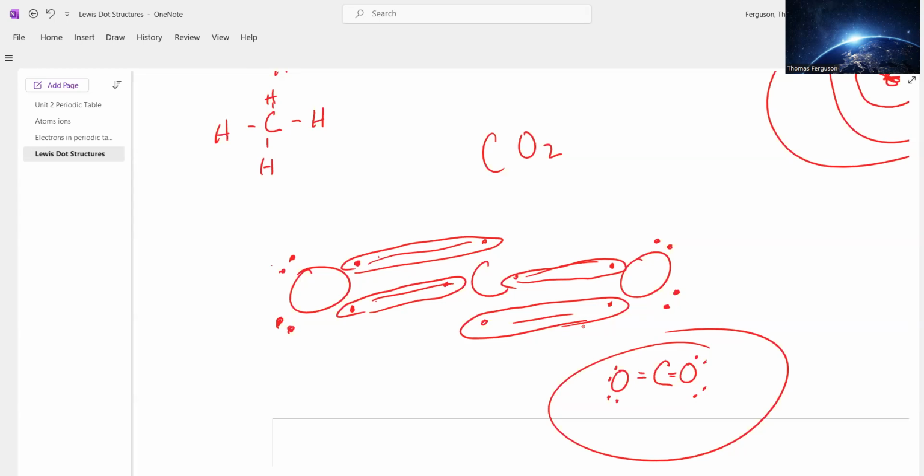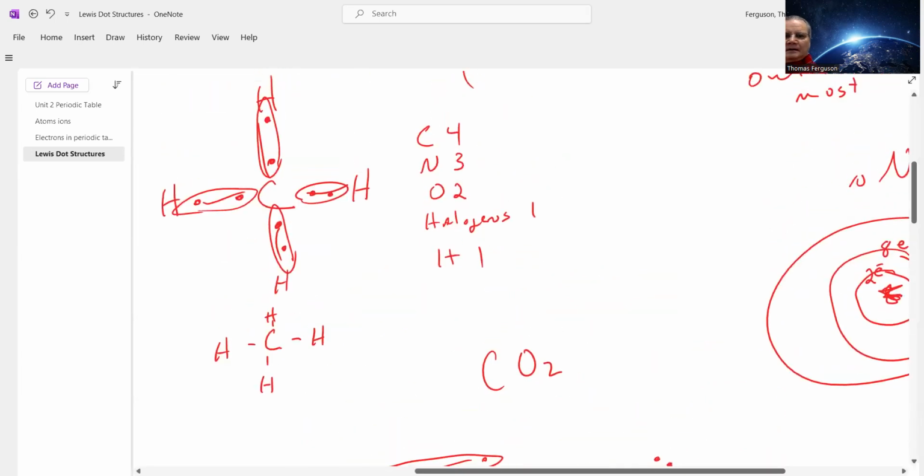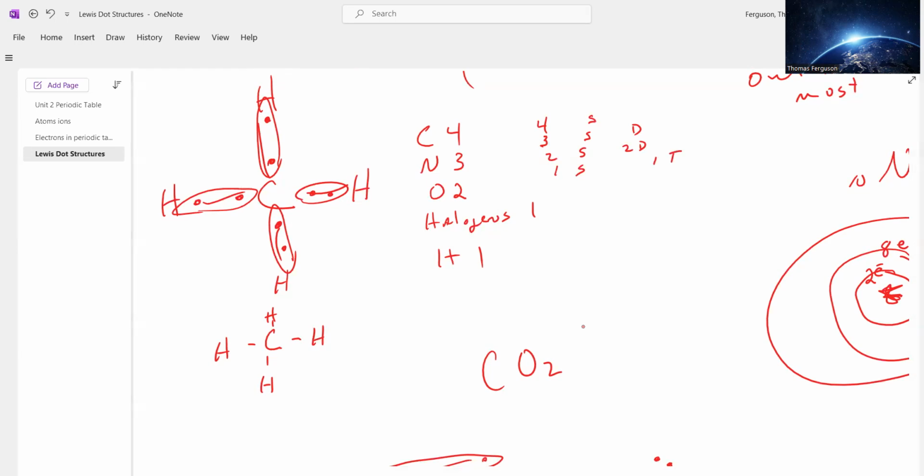Now the number of bonds again. We can have 4 singles, 3 singles and 1 double, 2 singles and 2 doubles, or 1 single and 1 triple to make up those 4 bonds.